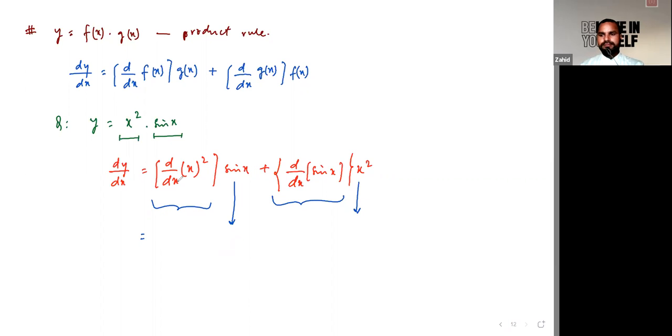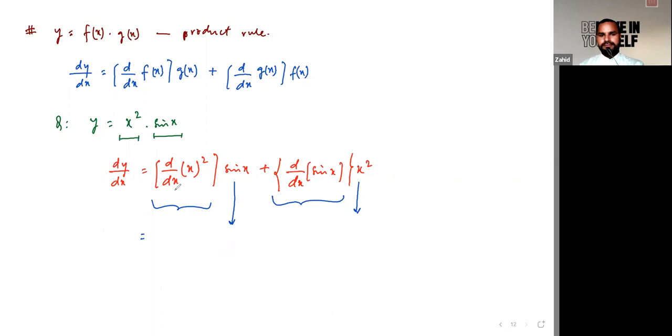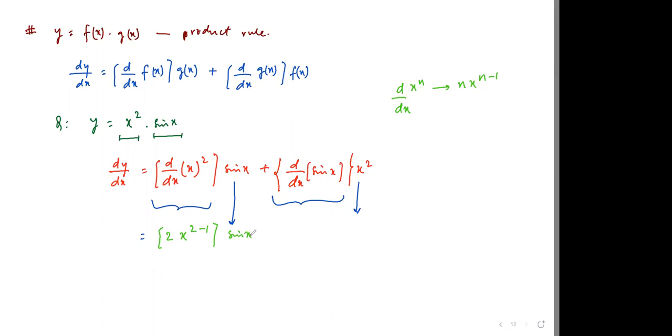According to this rule, if x raised to n, it will be n times x raised to n minus 1. So here we have n equal to 2. So according to this rule, you will get n x raised to n minus 1 as the first part. Keep the second term as it is. Is it clear for us?